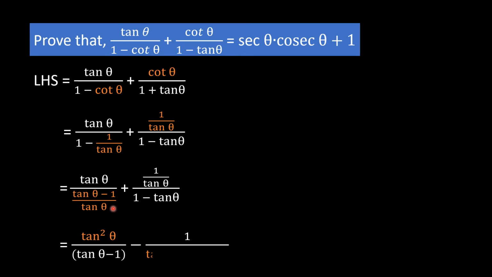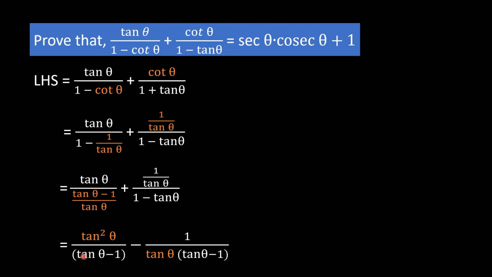This tan theta goes in the numerator and becomes tan square theta, and this tan theta comes in the denominator and becomes tan theta multiplied by tan theta minus 1. Here we have reversed the order of 1 minus tan theta as tan theta minus 1, and while doing so we have changed this plus sign to minus sign.